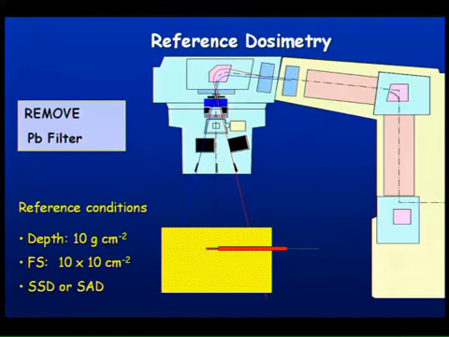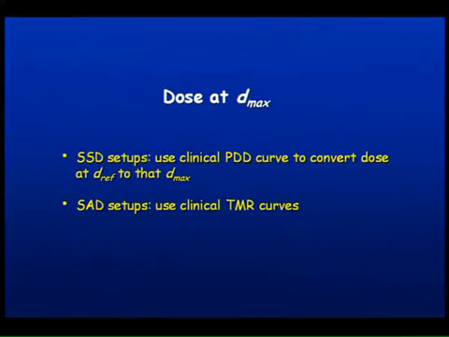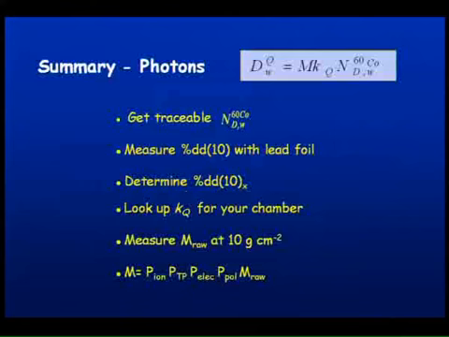You place your chamber at 10 cm depth, 10 by 10 field size. You can use the SSD or SAD technique and get your charge reading, plug all the values into the equation, and you get the dose at 10 cm depth. And if you want to get the dose at Dmax for an SSD setup, you use the clinical PDD curve. And for an SAD setup, you use the TMR.